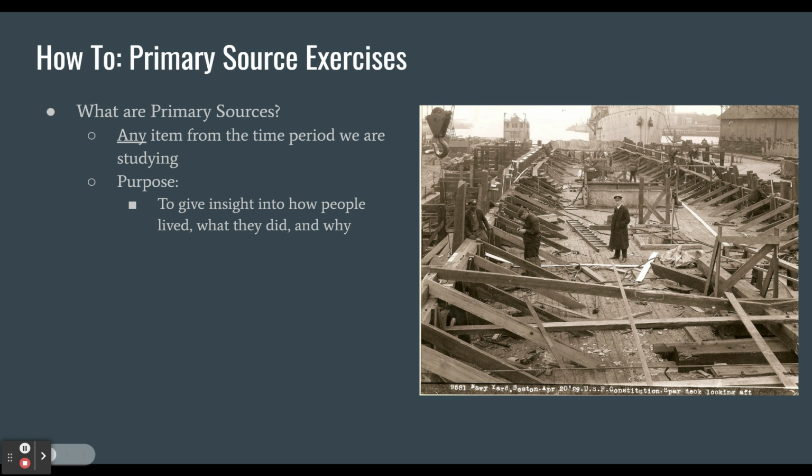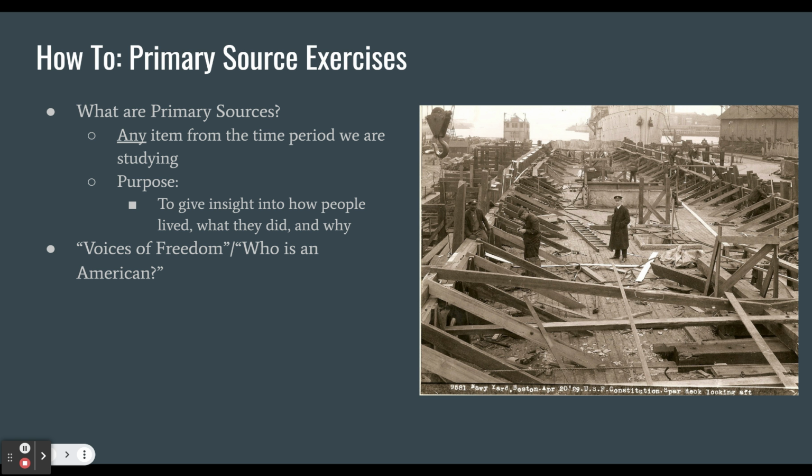So the textbook plays a huge role in the primary source exercises, because in the textbook you will see two different types of inclusions, and those are Voices of Freedom and Who Is an American. Those will be our resources for the primary source exercises.